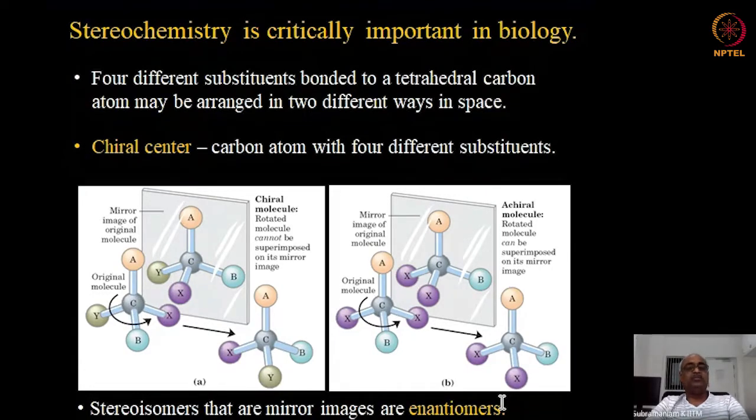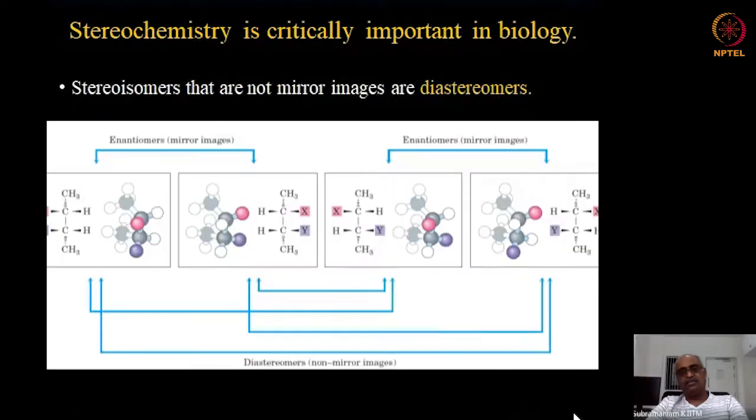You can have a varying orientation around a chiral carbon which need not be a mirror image, and that will not be called an enantiomer. Instead, that will be called diastereomers. So look at the molecules shown here. Okay, CH3, then you have CHY and CHX. This will be the mirror image of this, but if you take this one here, this is a diastereoisomer.